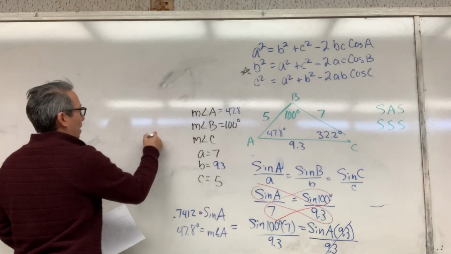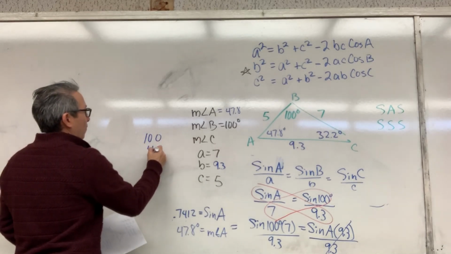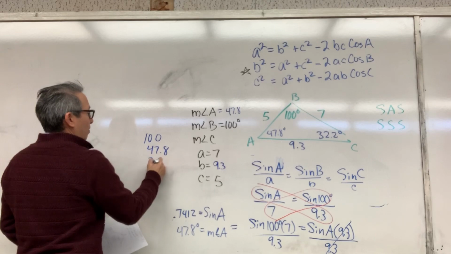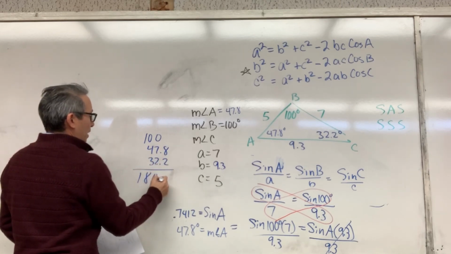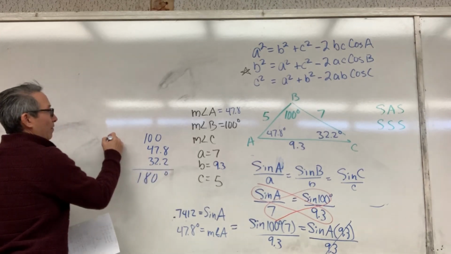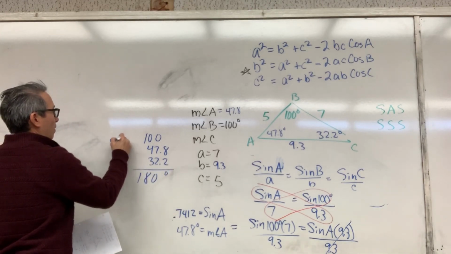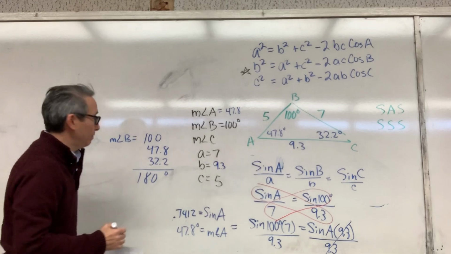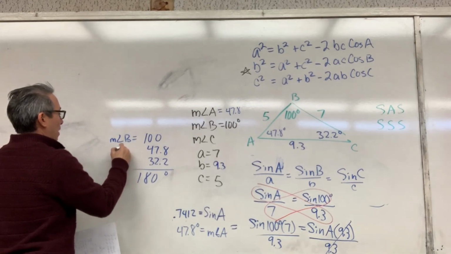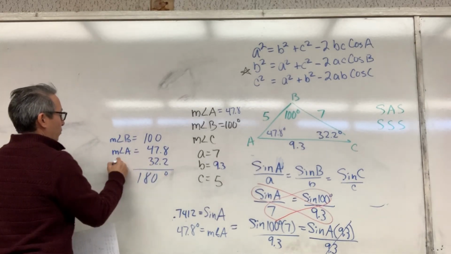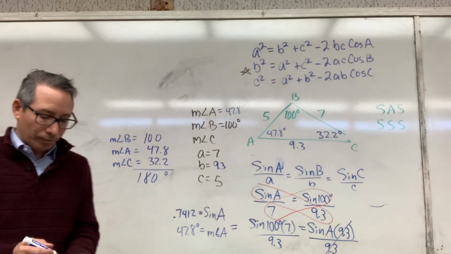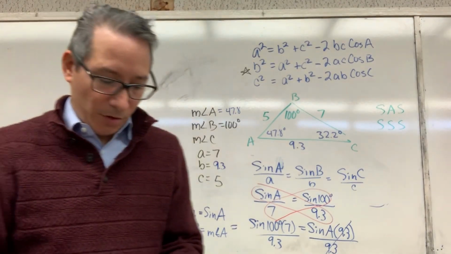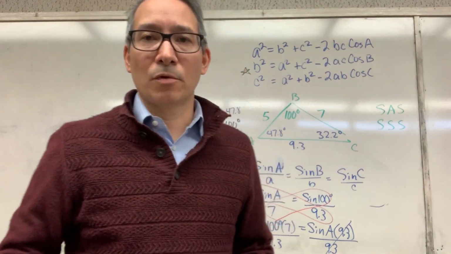You can show that 100 degrees plus 47.8 plus 32.2 equals 180 degrees. Certainly we have the measure of angle B. Can you see that? We have the measure of angle A, and we can subtract to find the measure of angle C, 32.2.